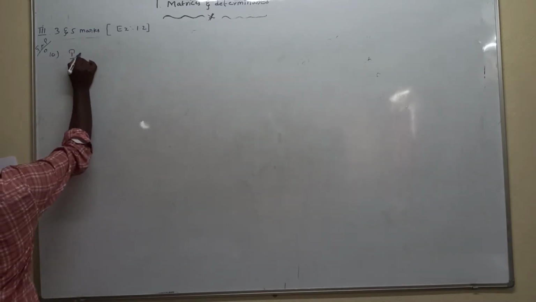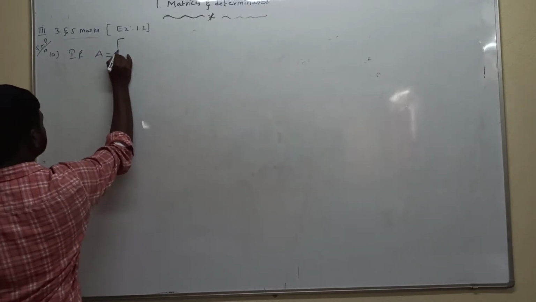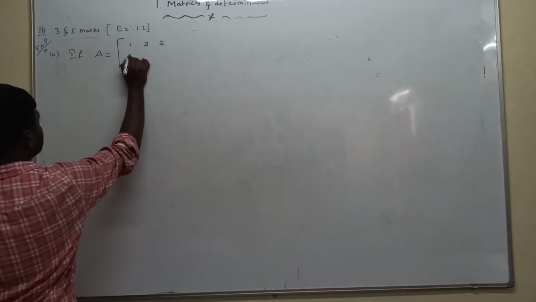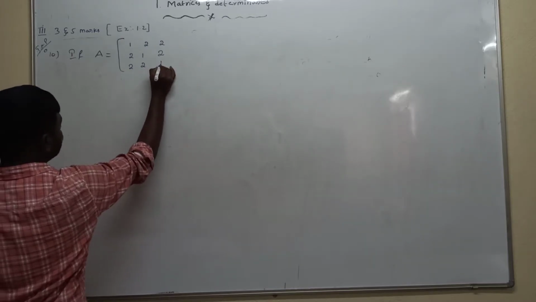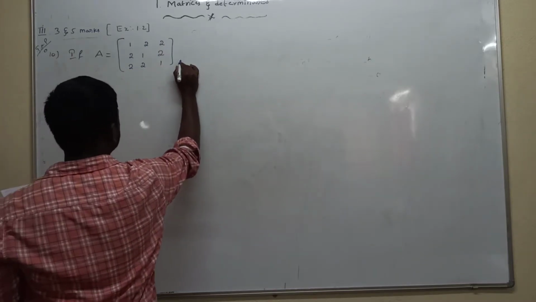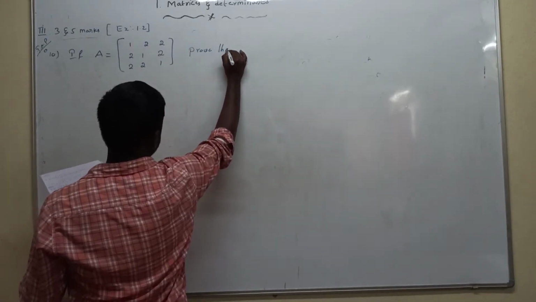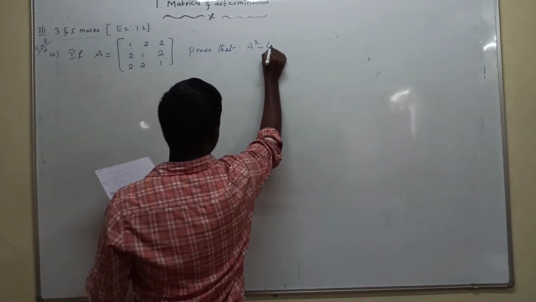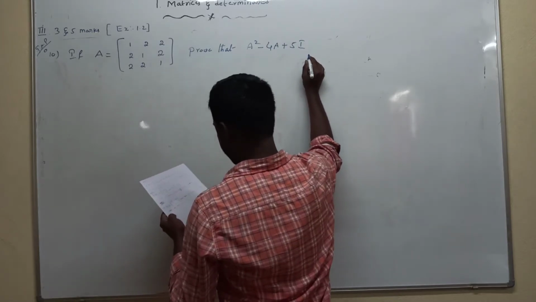If capital A is equal to the given matrix [1 2 2; 2 1 2; 2 2 1], prove that A square minus 4A plus 5I is a null matrix.